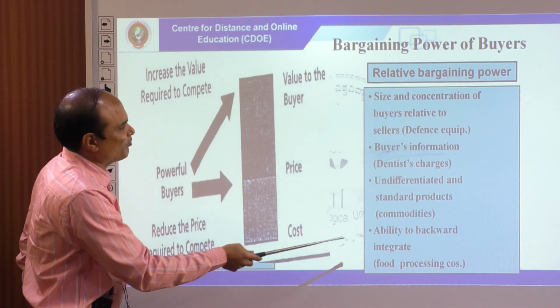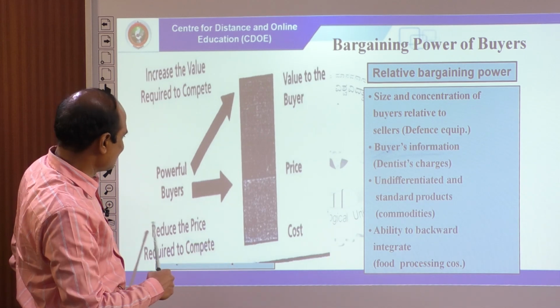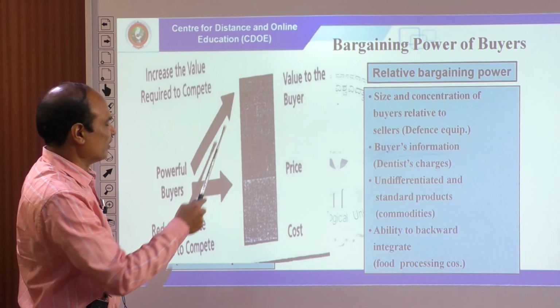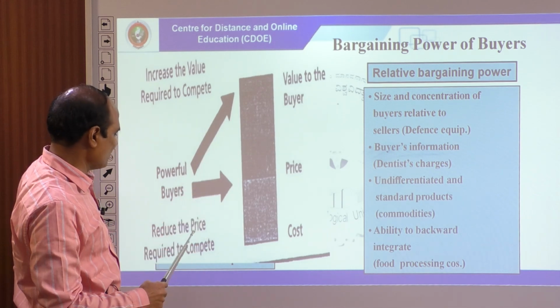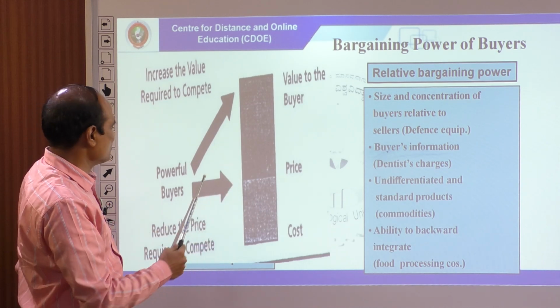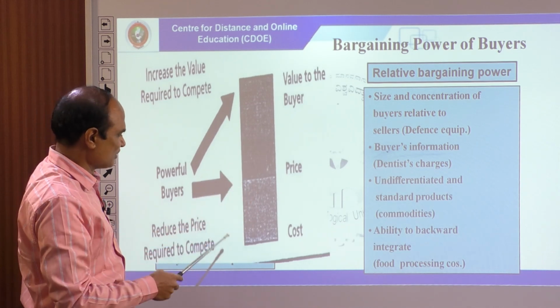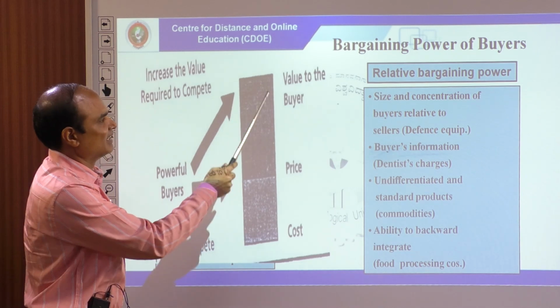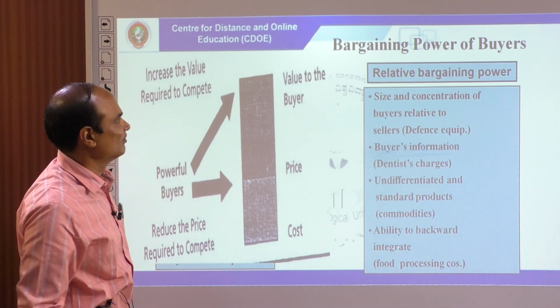So, the relative bargaining power. Powerful buyers will increase the value required to compete, or they might reduce the price required to compete. If they reduce the price, then they will have a cost advantage. If they increase the value, then they will have higher value.